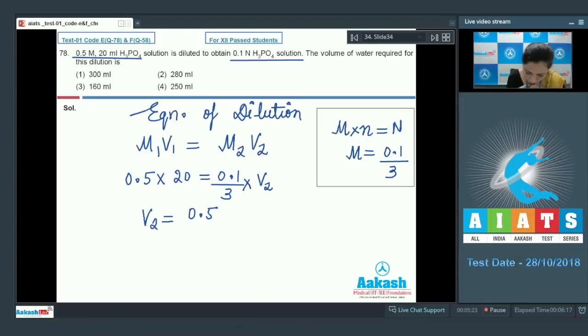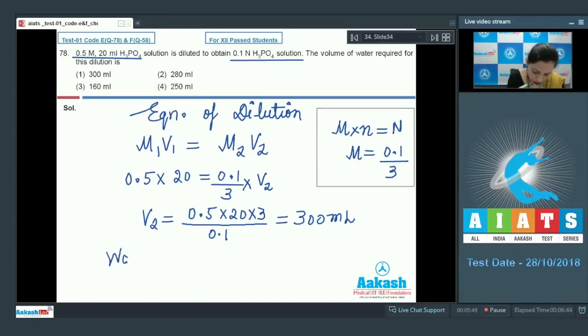Let's calculate this for the volume of second solution. It would be 0.5 into 20 into 3 divided by 0.1. And if you calculate it, you will find that the volume is 300 ml. But this is not our answer, because the volume of water required for that dilution, 20 ml was already present there.